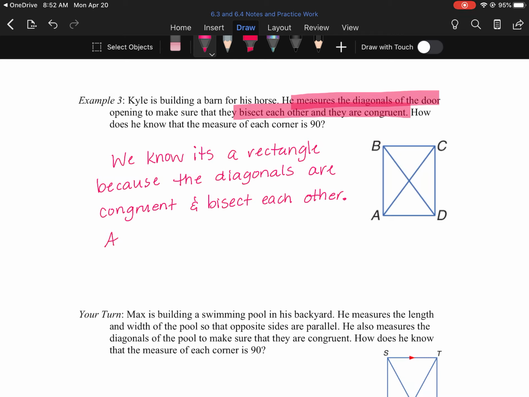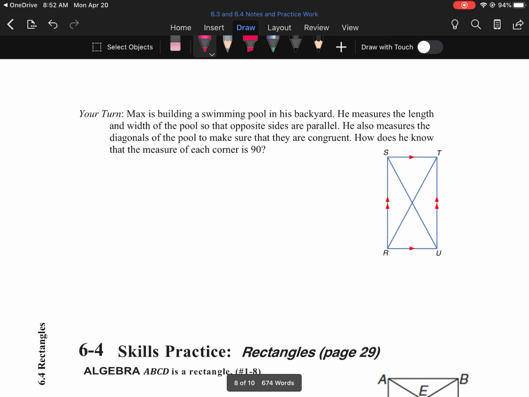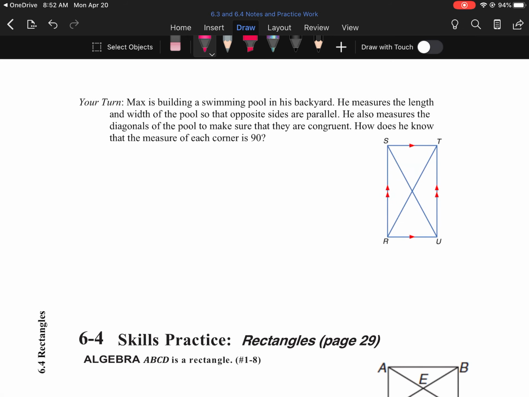And then we can say a rectangle has 90-degree angles. So this first part is saying how we know it's a rectangle, and the second part says, well, if we know it's a rectangle, then we know it has 90-degree angles. So take a moment, try the your turn, and then come back.